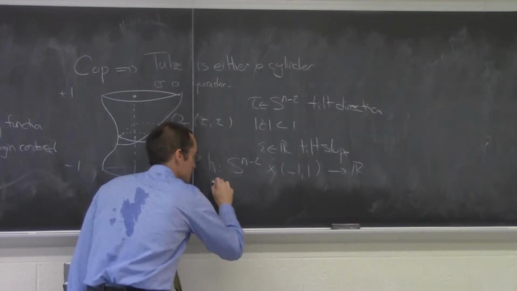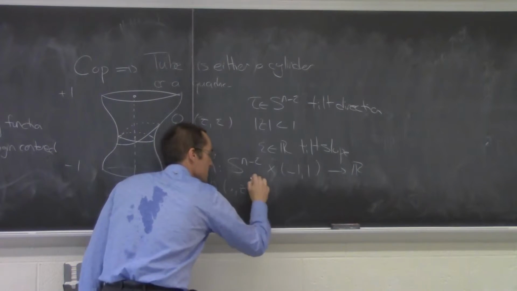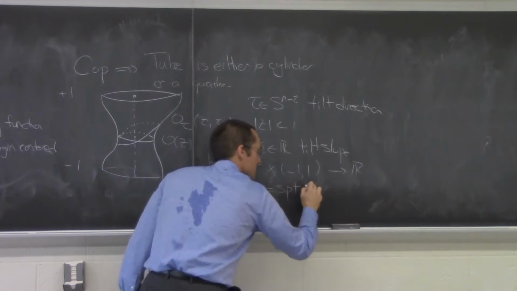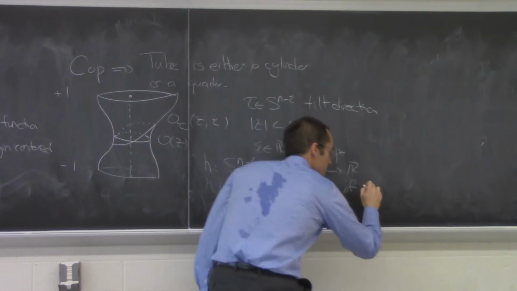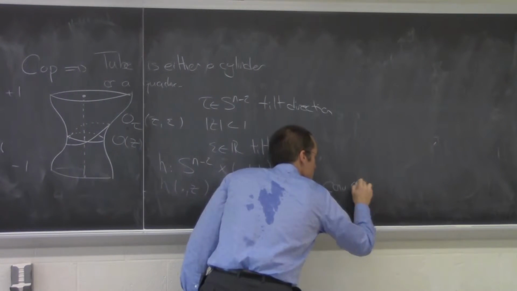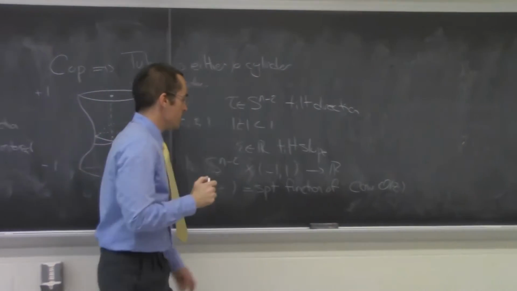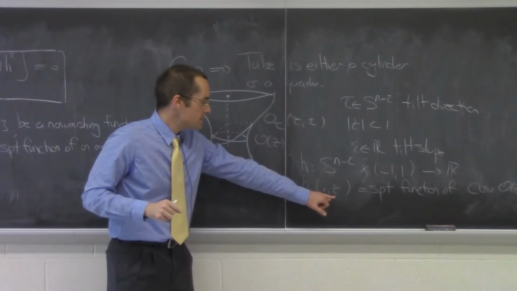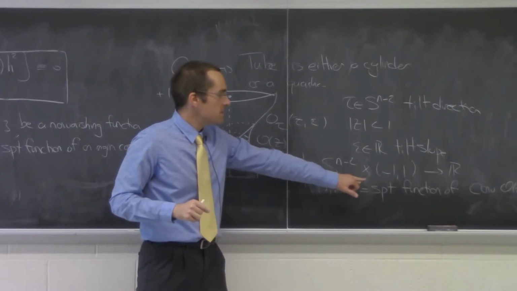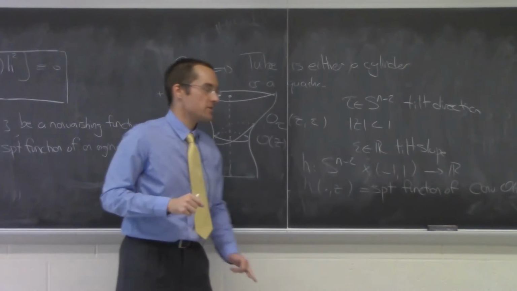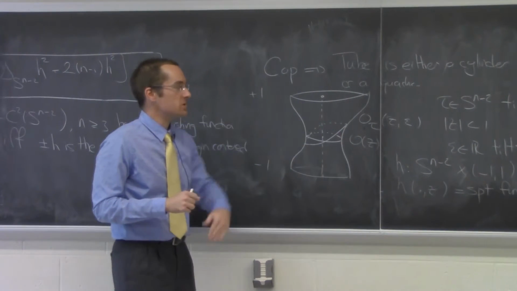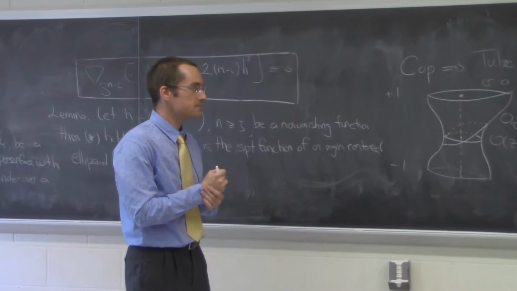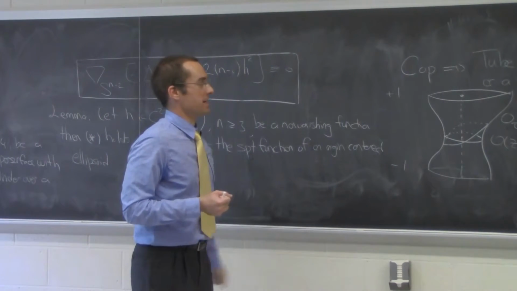All right, so this is defined as this. For each height z, h_z is the support function of the convex hull of the horizontal cross section at height z. So this is called the transverse support function.